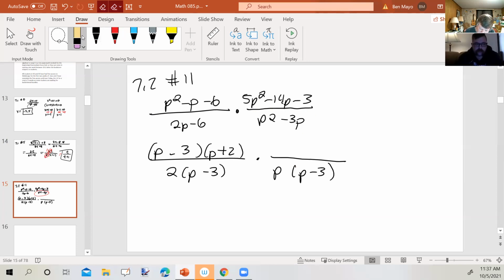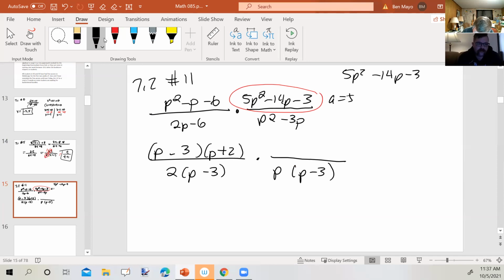Okay. And I saved this one for last because that's the one that's going to take the most work. So I've got 5P squared minus 14P minus 3. So A is 5, B is -14, and C is -3. The product is -15, the sum is -14, so -15 and 1.